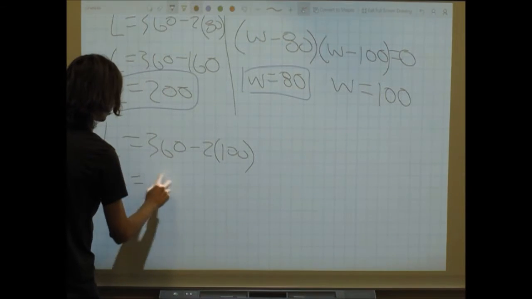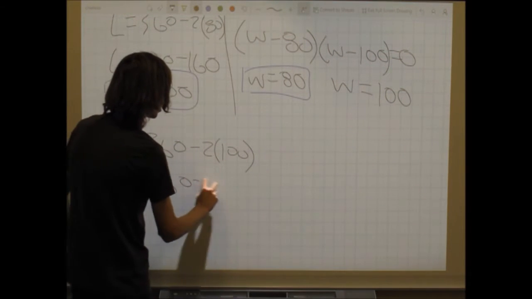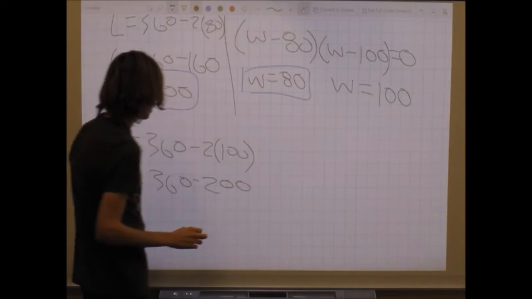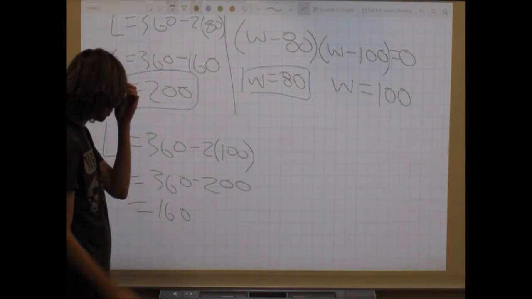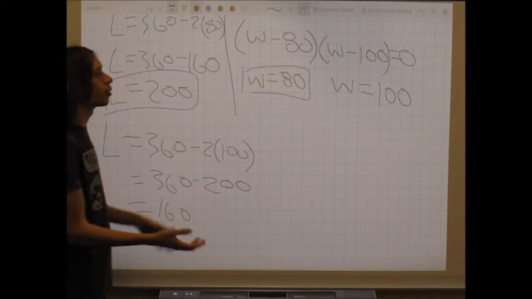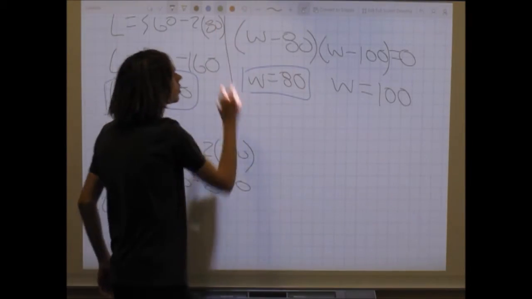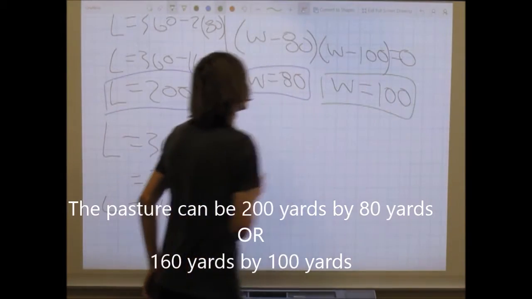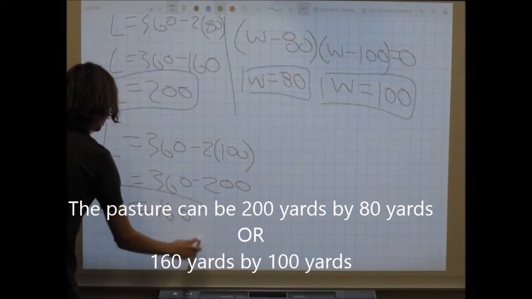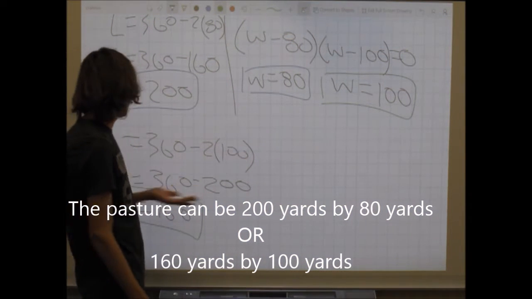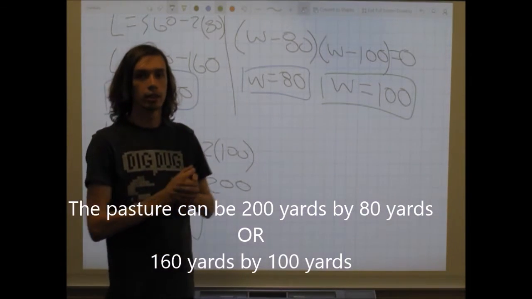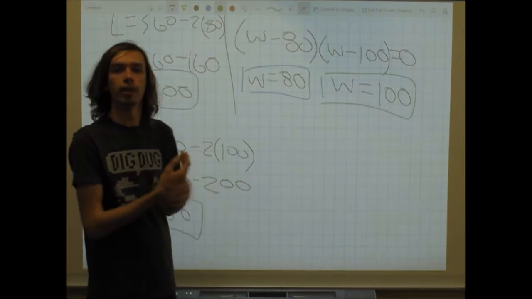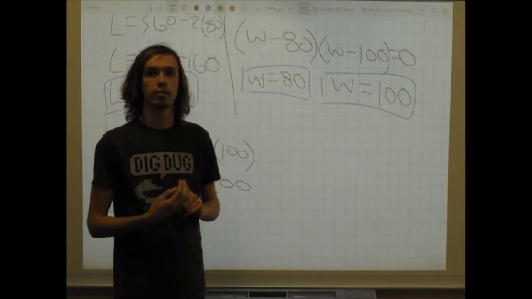So that's 360 minus 200. That's going to be 160, right? So this is the other possible dimensions, with a width of 100 and a length of 160. And so that could be another possible answer to this problem. So either of them, or sort of both of them, are solutions.